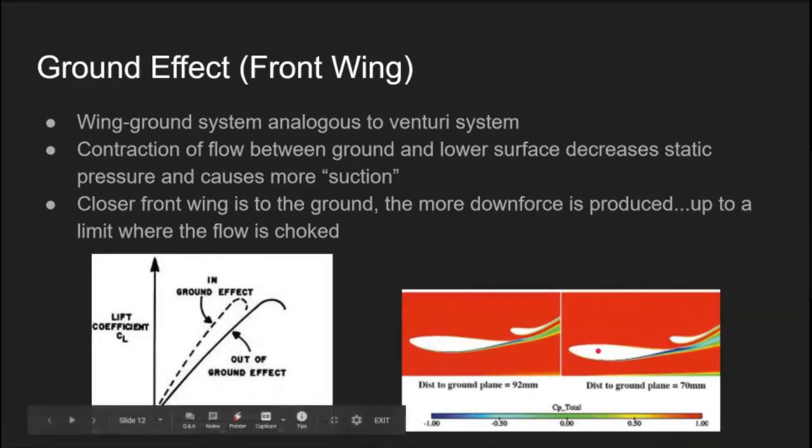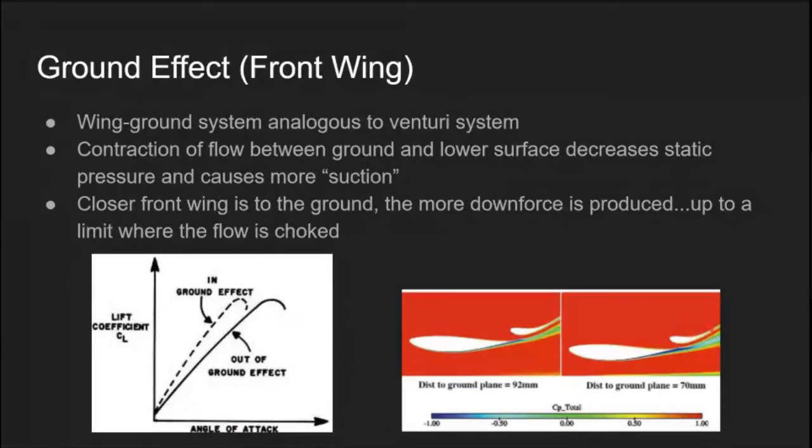You're really working the flow hard. You're extracting a lot of energy out of it, right? And because you're extracting so much energy out of it underneath the main element, by the time it reaches the flap element, it doesn't really have much energy to produce downforce on this flap element. And generally that flap element is used more for just directing the air as opposed to outright producing downforce.